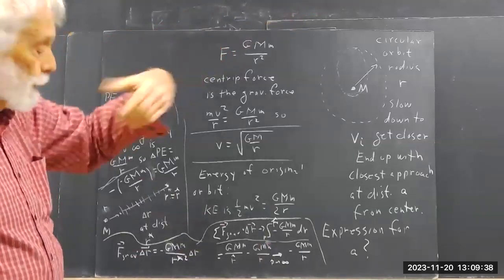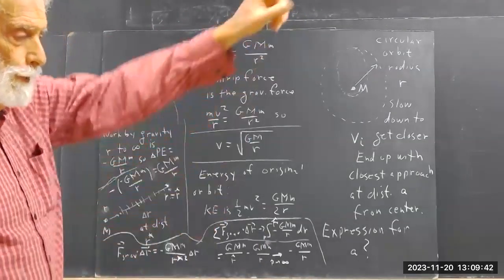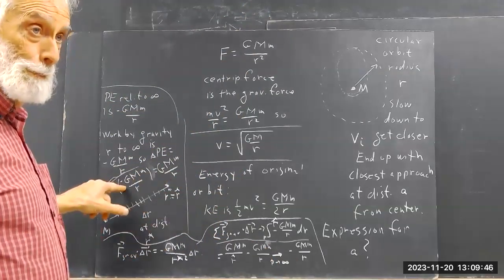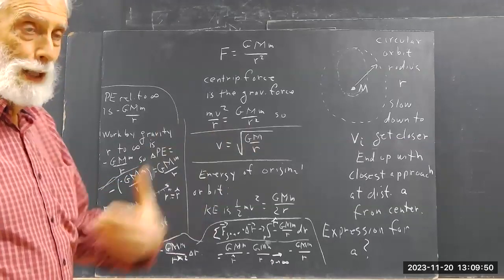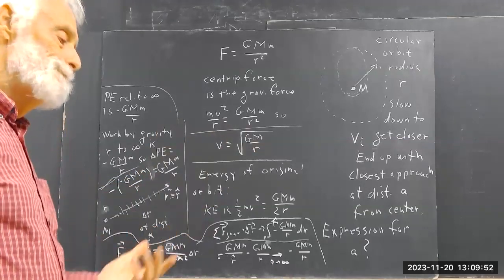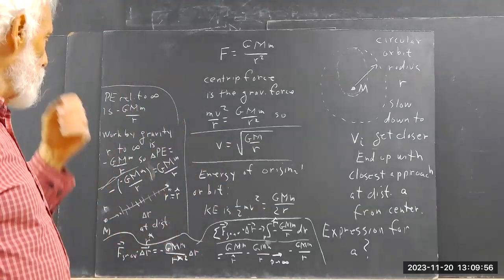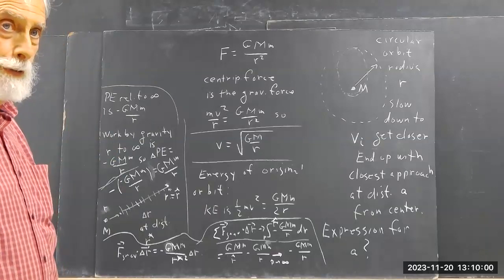Okay. Now, first place, you would have to admit that your integral from infinity to here is going to be the negative of that. Okay. And that would be potential energy relative to infinity. Now, you say relative to infinity. Why relative to infinity, since you can't ever get there?